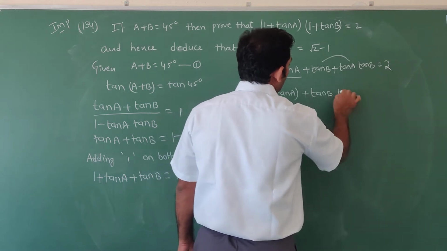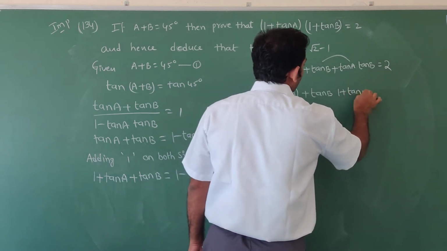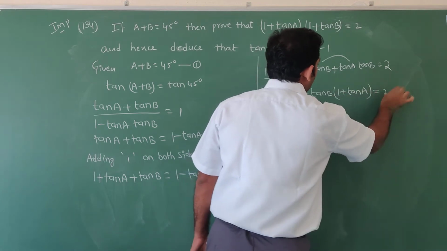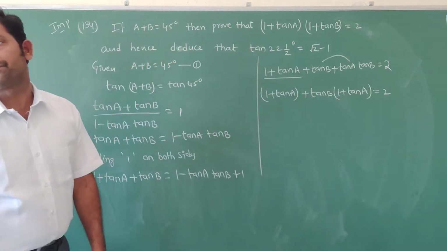So remaining 1 plus tan A. So it is equal to 2.